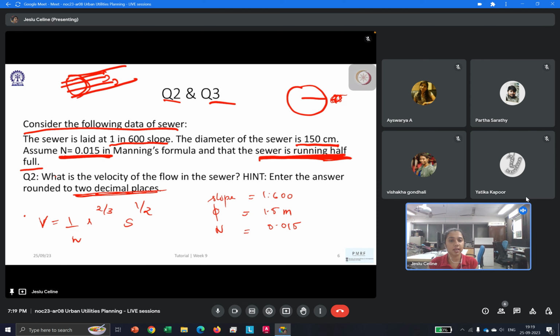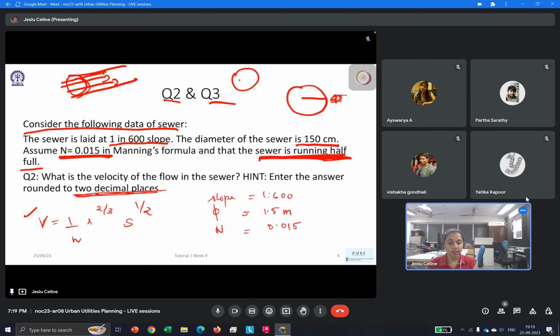But for sewage design, we never design the sewers to flow full. It is always only partially full. In the lecture, we might have seen that it depends upon the population and also on the diameter of the pipe.